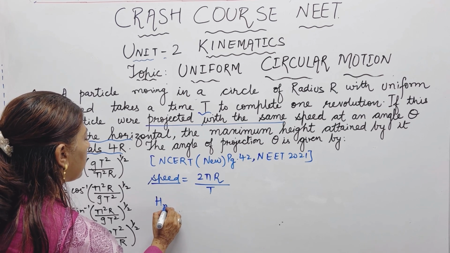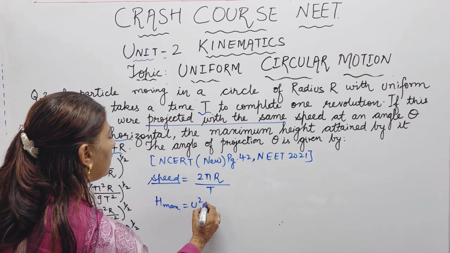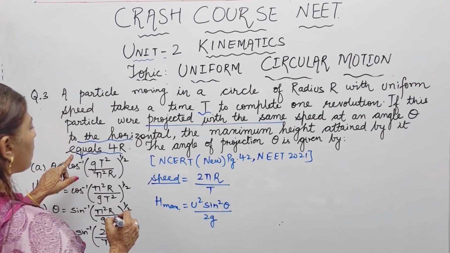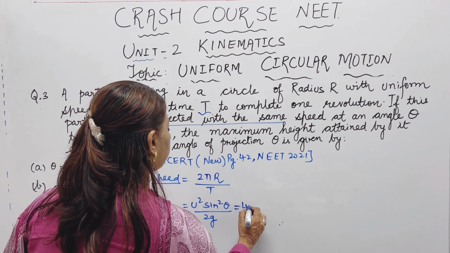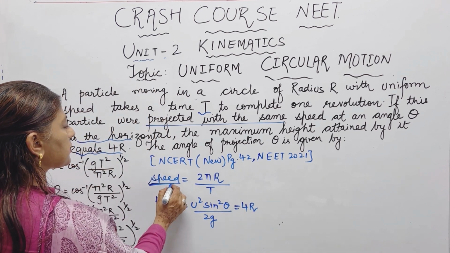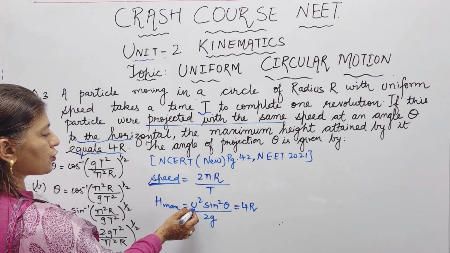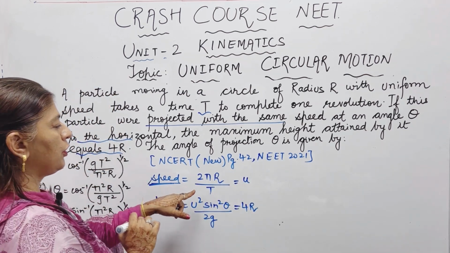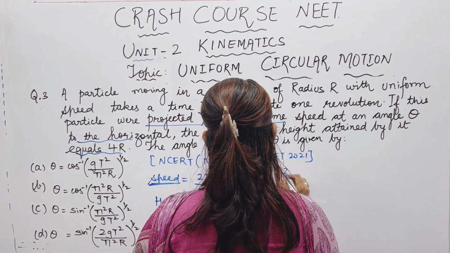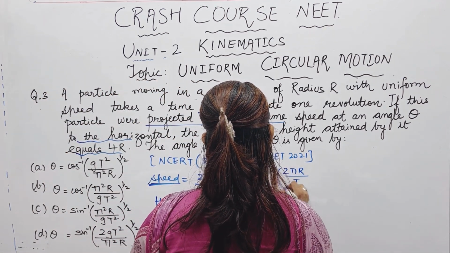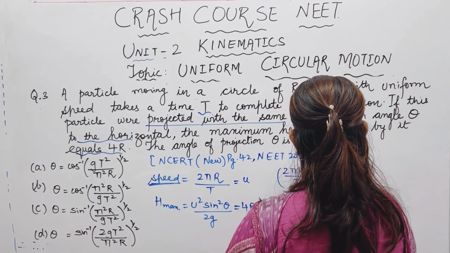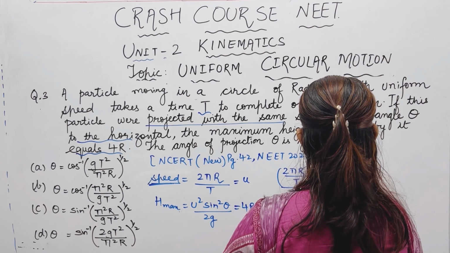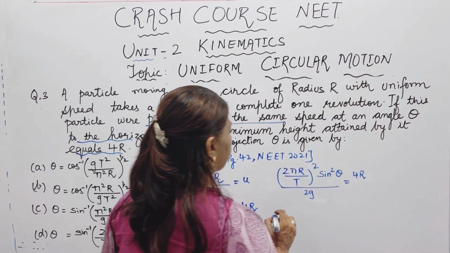The formula for the maximum height attained is u square sine square theta upon 2g, and this value is equal to 4r. This speed is the same as that with which it is being projected, so this thing is equal to u. So we can replace u and we will get (2 pi r over t) square, sine square theta over 2g, equal to 4r.